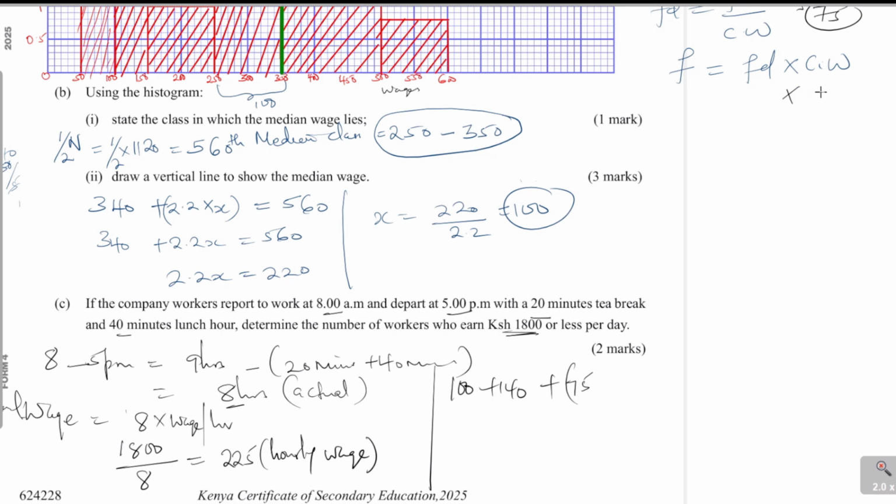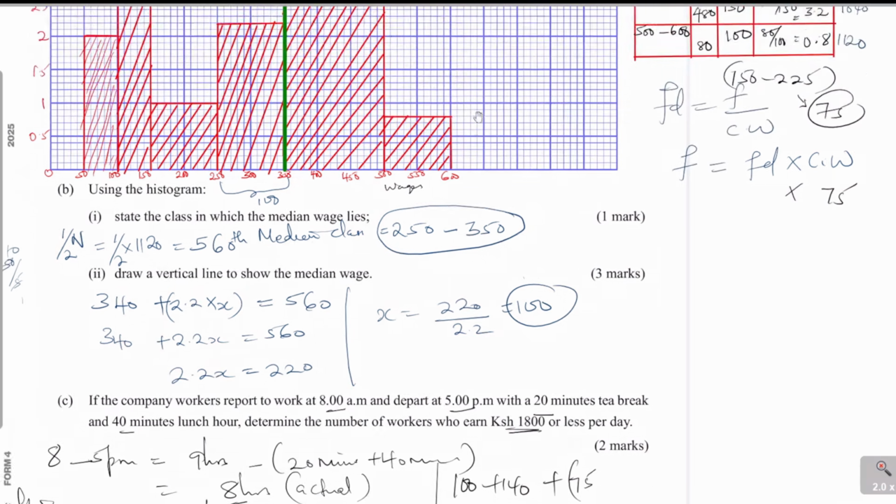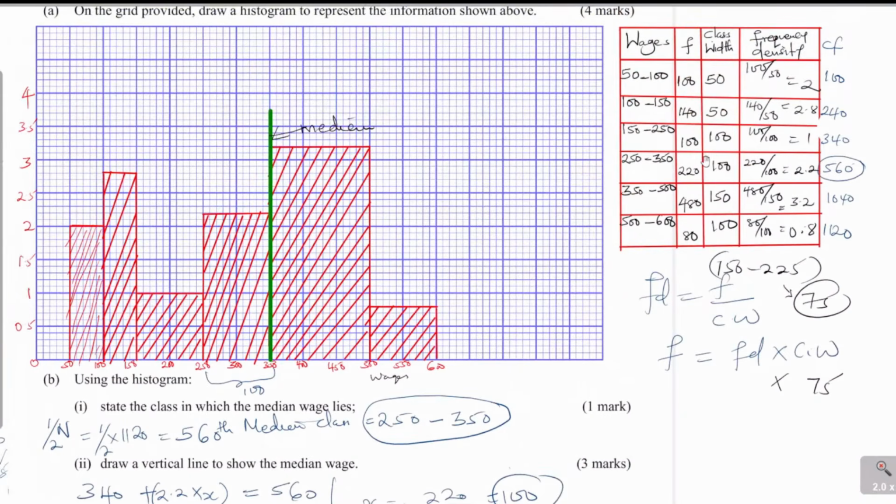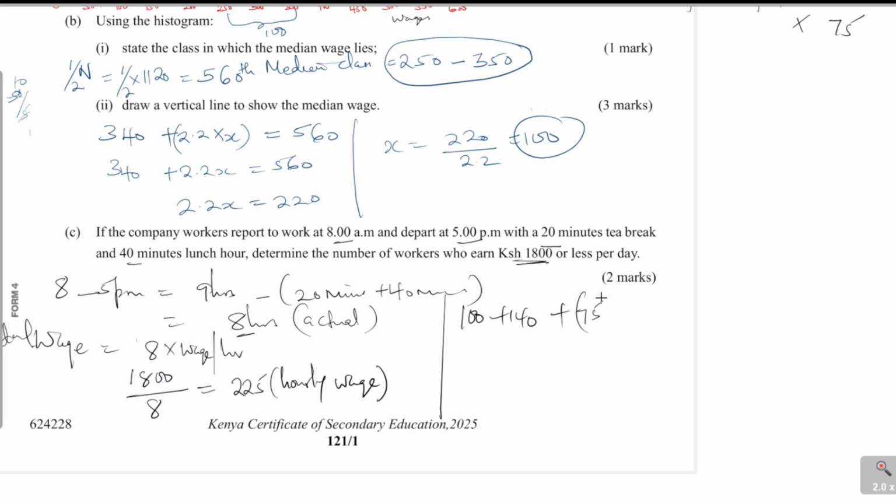The class width is 75 and the frequency density of that class is 1. So the frequency is 75 times 1, which gives 75 workers.